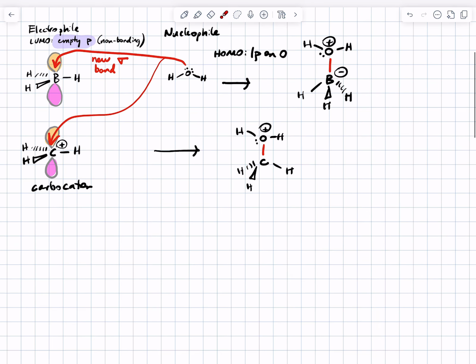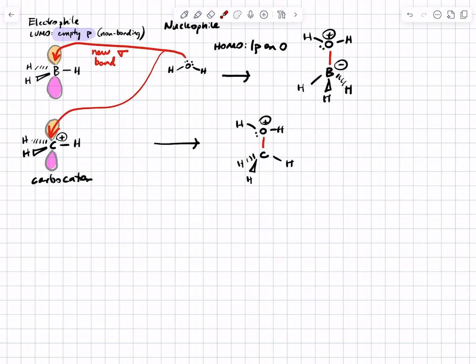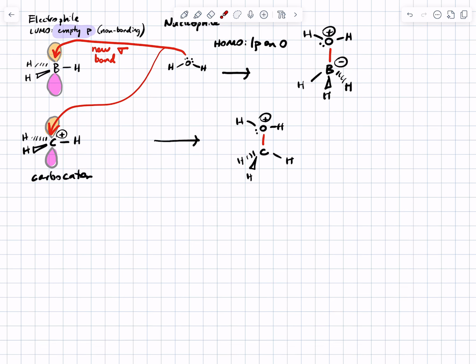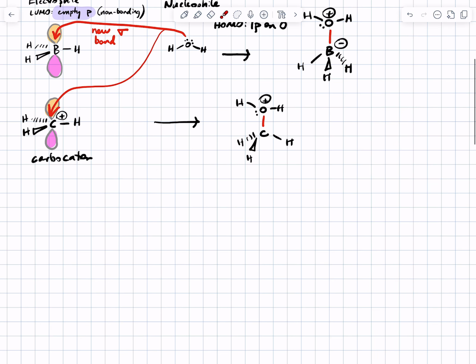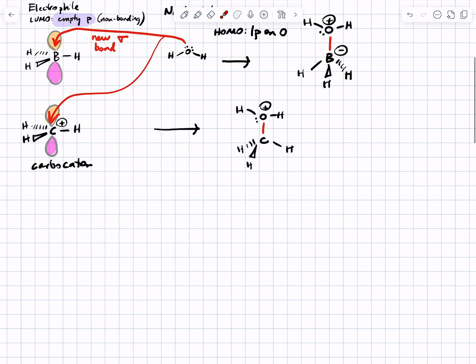Let me show you an example of a reaction where there is something for you to do after the fact. So let's take this alkene, and let's react it with HCl.